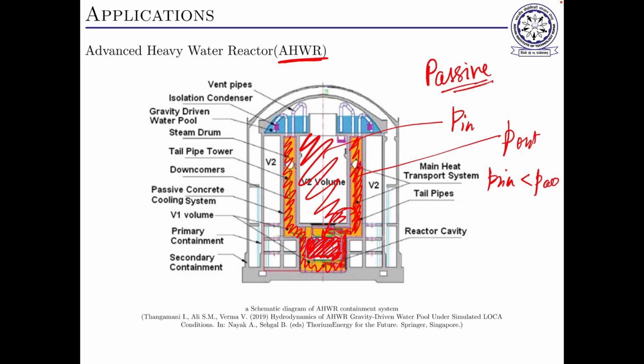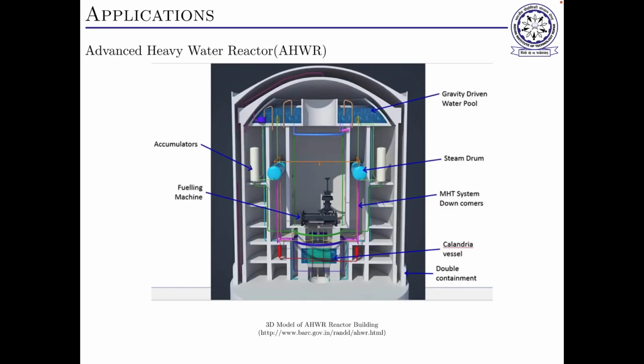In case any failure happens, the hot liquid will rise up, and this height is quite high. I'll show this. You see, this is also a diagram, and this portion, the region where the fuel rods are, is known as the Calandria vessel. It looks very small on this diagram, but you will get an idea.